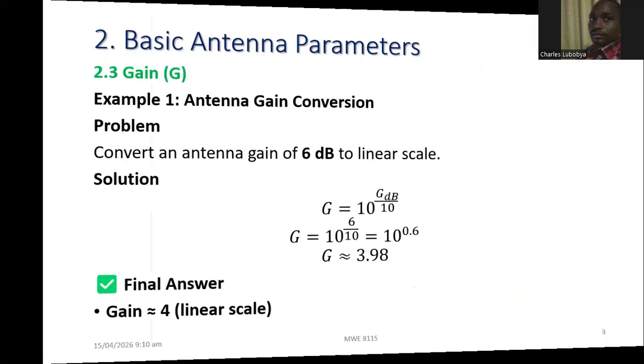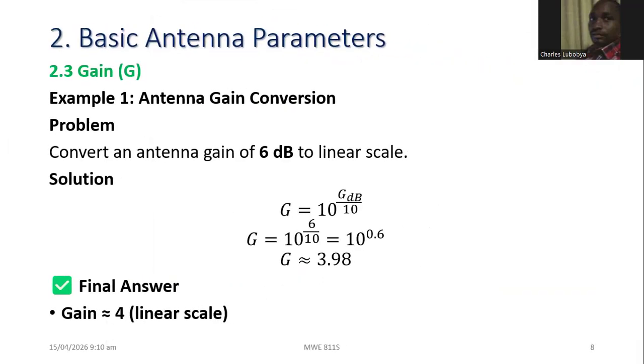But further to that, you can actually convert that gain into what is known as a linear scale. Remember, gain is measured in dB, decibels. So you can convert that into a linear scale by simply taking an antilog of whatever you are given in decibels. When I do the antilog of that, I get the gain converted to a linear scale.